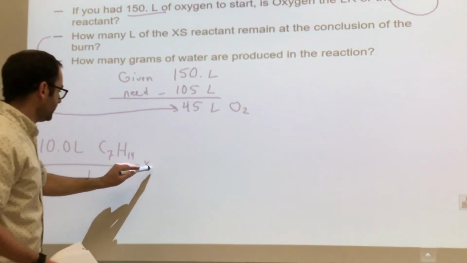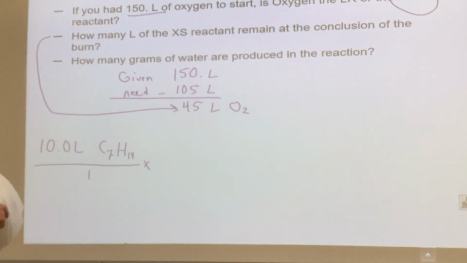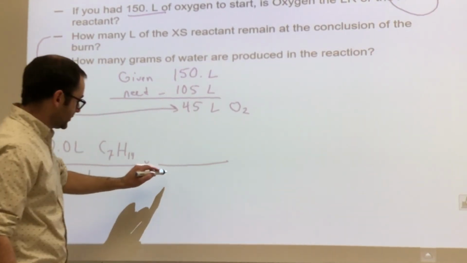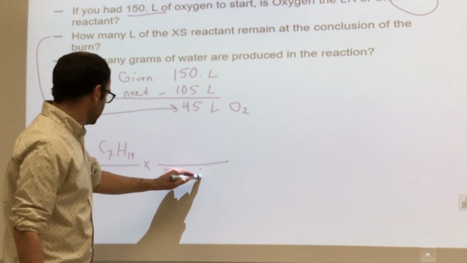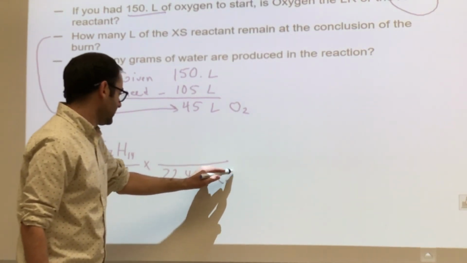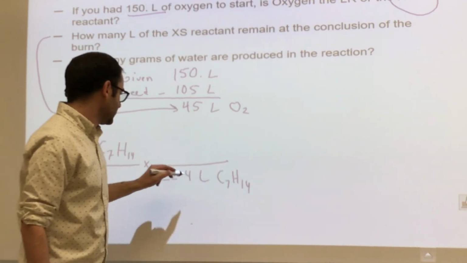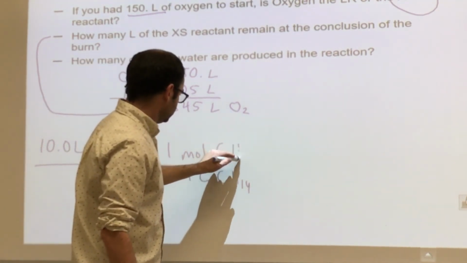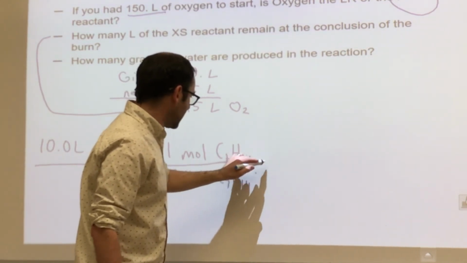All right. And we're looking for water, right? And we're looking for grams of water. All right, so we need to convert that over. So on the bottom, we'll have our liters. So 22.4 liters of heptene. On the top, we'll have 1 mole. Okay. What's going to go on the bottom now?